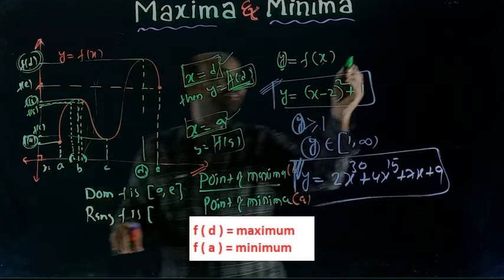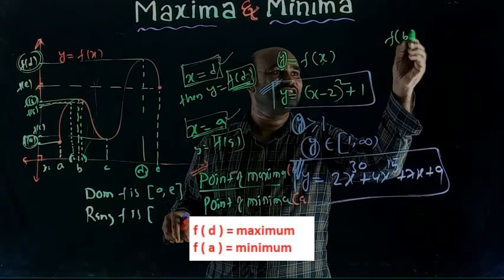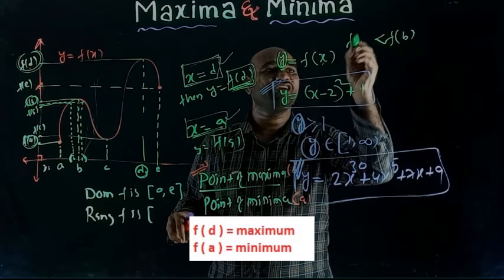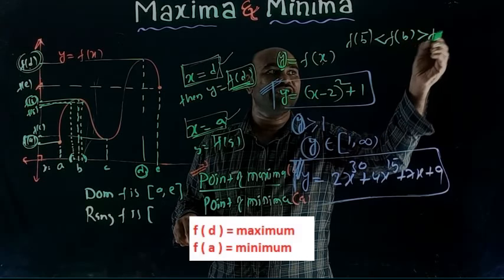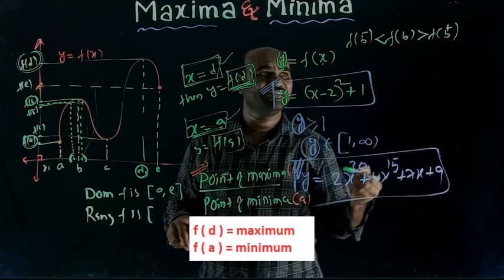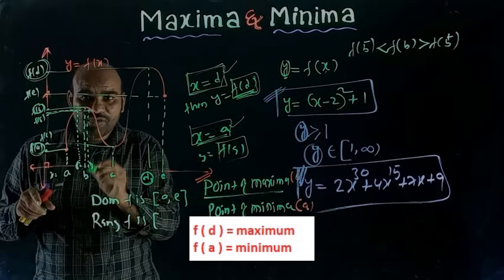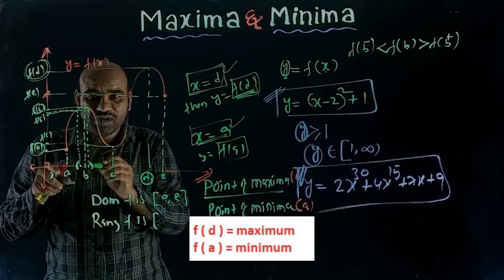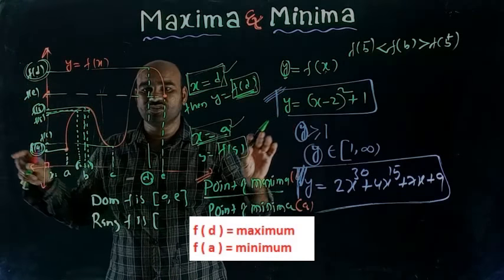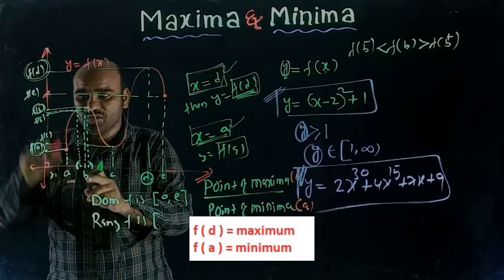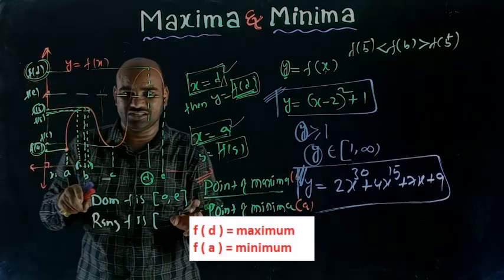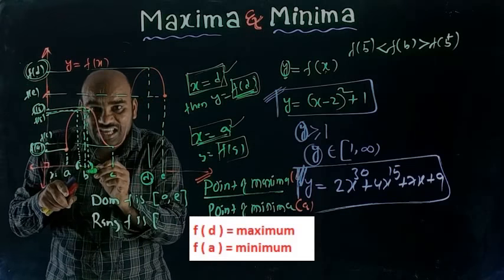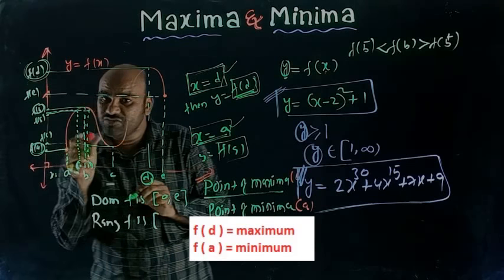So I will write here, f of b is greater than f of b minus, and this is also greater than f of b plus. That's why x equal to b also gives a maximum, but not the total maximum. X equal to b is giving a maximum, but that value is not a global maximum, not a maximum for the total function. In this area, x equal to b is giving the maximum value.